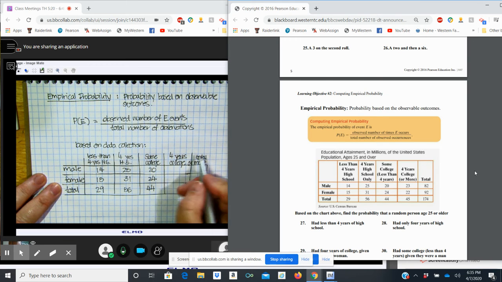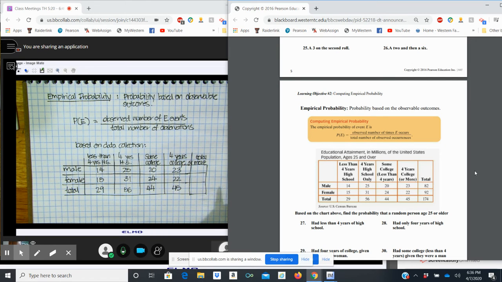And when it came to 4 years or more of college, we had 23 males, 22 females, for a total of 45 people with 4 years of college or more. All told, that meant we had 82 males sampled and 92 females sampled. That's a total number of 174 people.